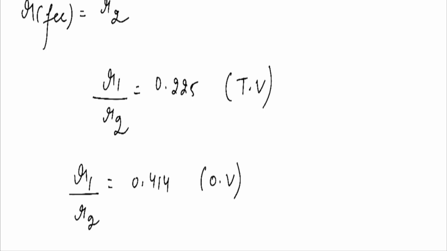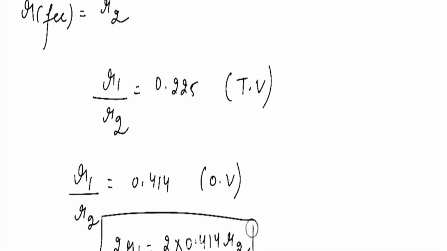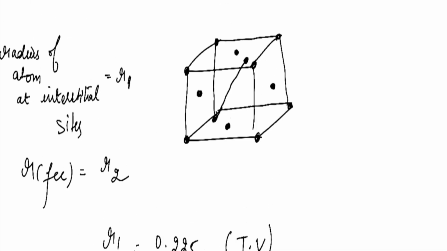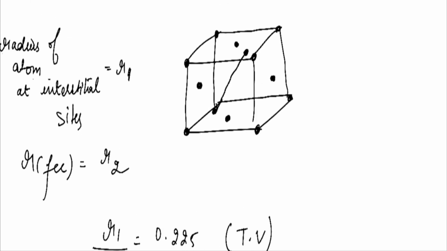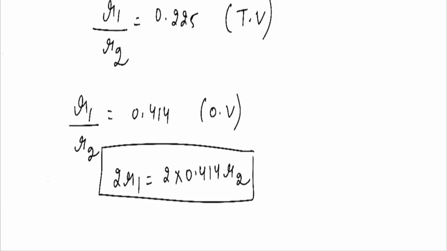From here we can understand that 2R1 is equal to 2 into 0.414 R2. This is what we write because we have to find the diameter of an atom which can be placed in the interstitial site.